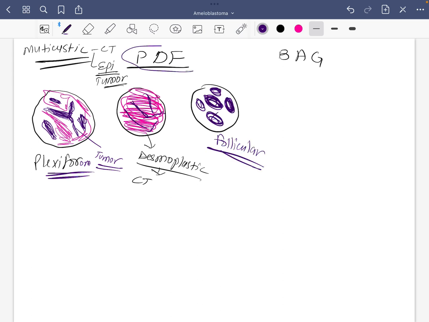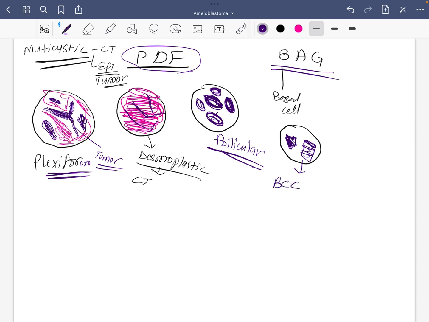So in PDF, you will see variation between tumor cells and connective tissue. What happens in BAG? In BAG, you have extra features; you can see special features in each of them. In basal cell, your tumor cells appear like thin, spread-out sheets, giving the appearance of basal cell carcinoma. There is no stellate reticulum in these cells.